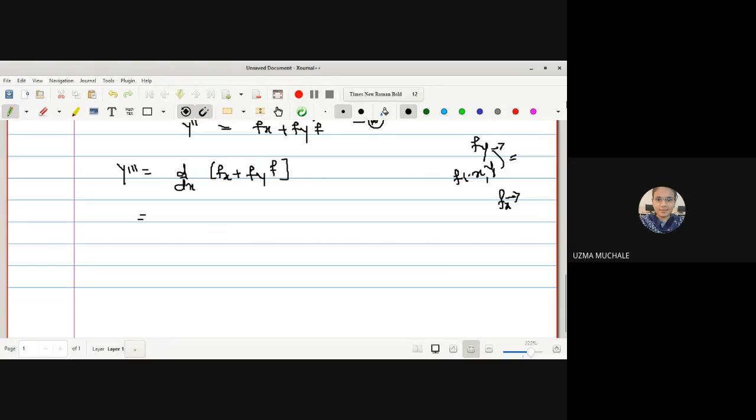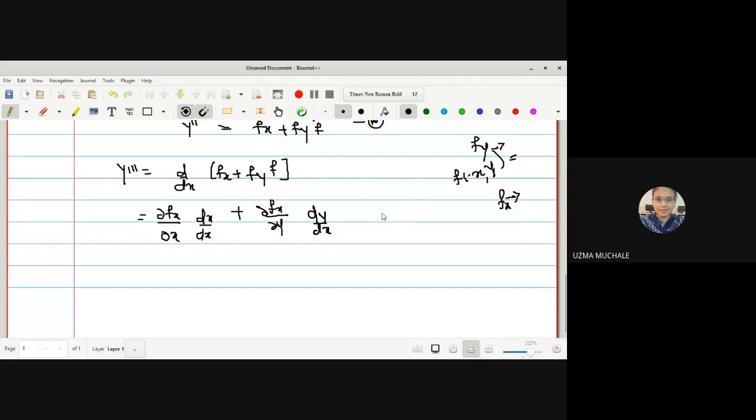So if I want to find out a derivative of this, I can write this similarly with the help of a partial derivative, that is the derivative of fx with respect to x and the derivative of x with respect to x, plus the next term we can write is fx with respect to y and the derivative of y with respect to x.